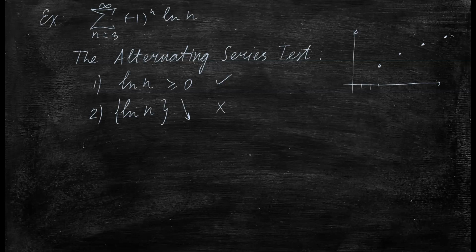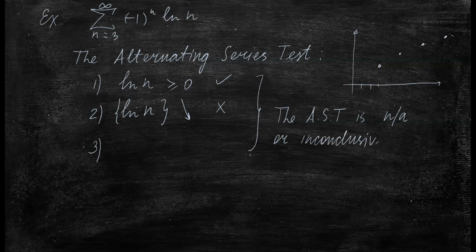So what does this mean? That means that the conclusion, based on what we already have done, even without checking the third condition, is that the alternating series test is not applicable, or we can say is inconclusive, because it only works one way. So if the conditions are not verified, that doesn't mean necessarily anything.